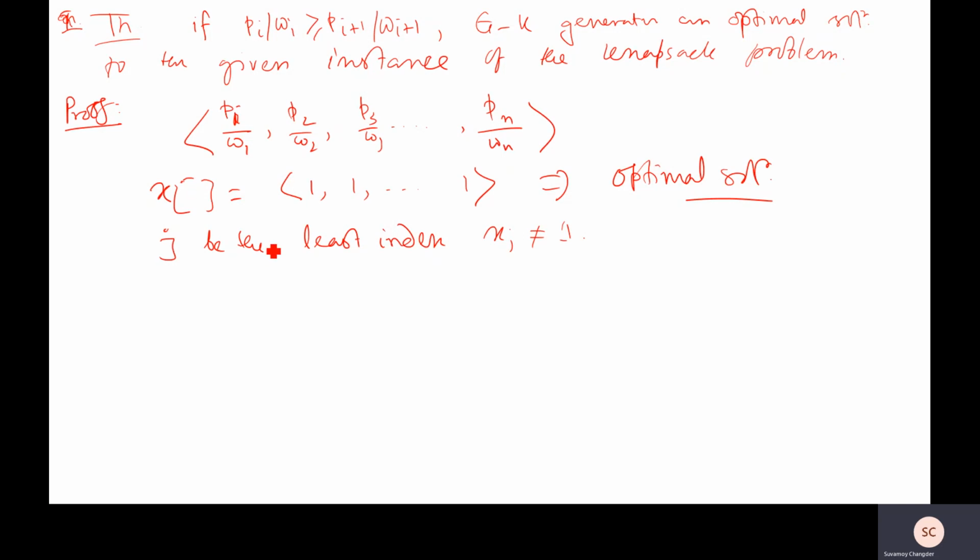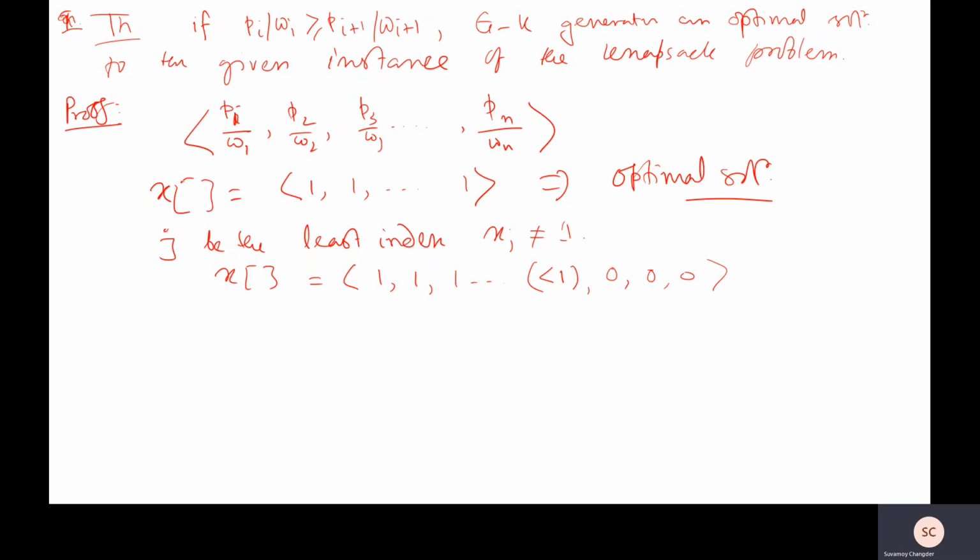Then what will happen? X will be equal to 1, 1, 1, and so on, some value which is less than 1, and after that all are 0. We have already seen this.